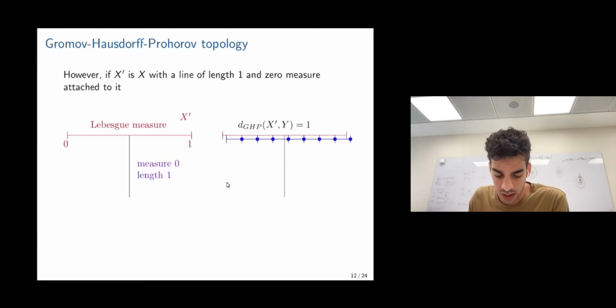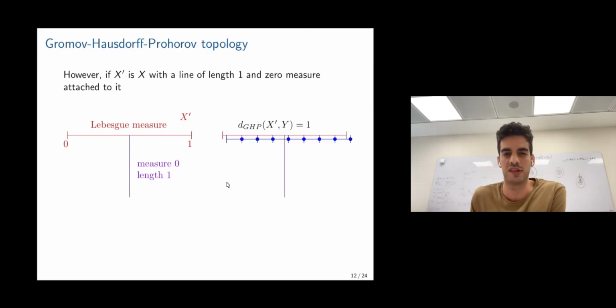But if we do this annoying thing, we add a purple line of length 1 and measure 0, then these two will no longer be close to one another in the GHP sense, and this is due to the Hausdorff distance. Because we added something of measure 0, the measure on X prime looks like the measure on X without this purple line.